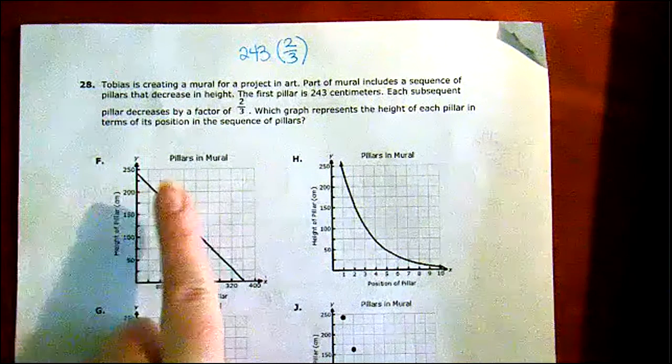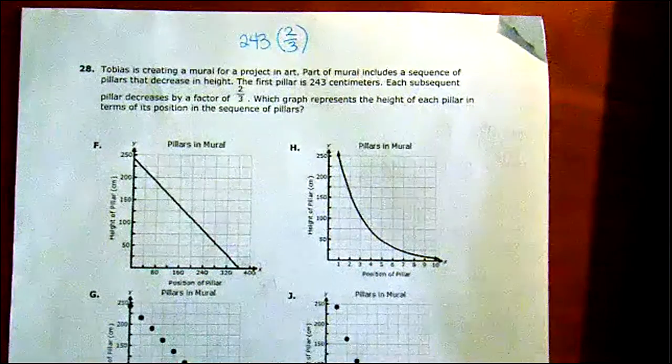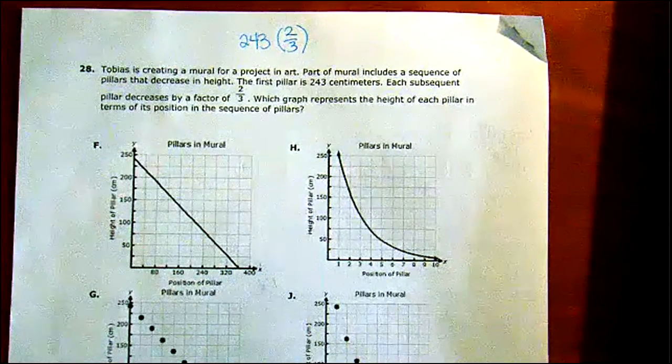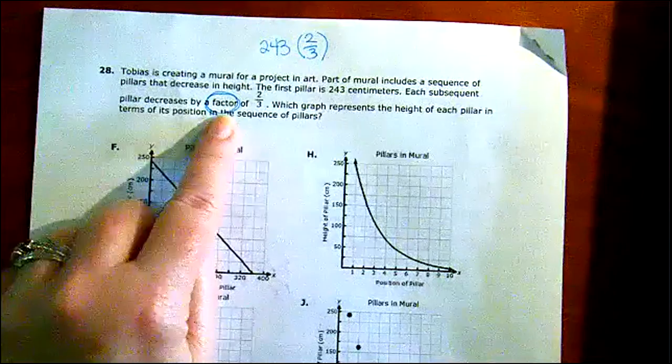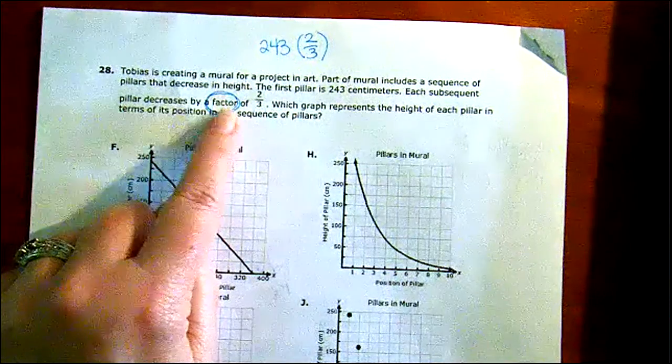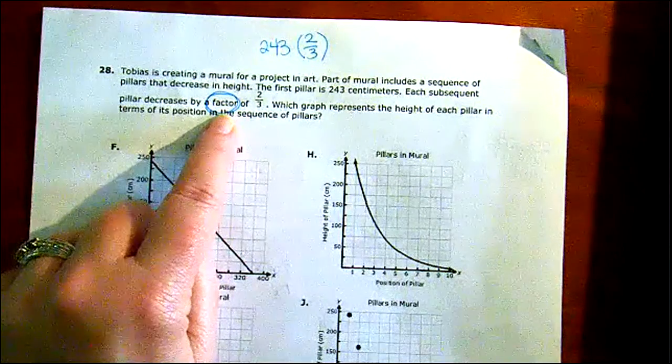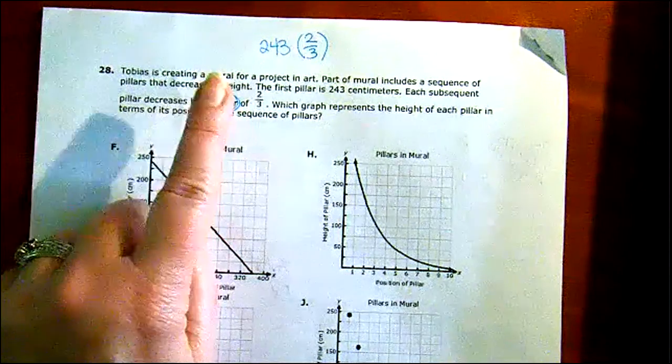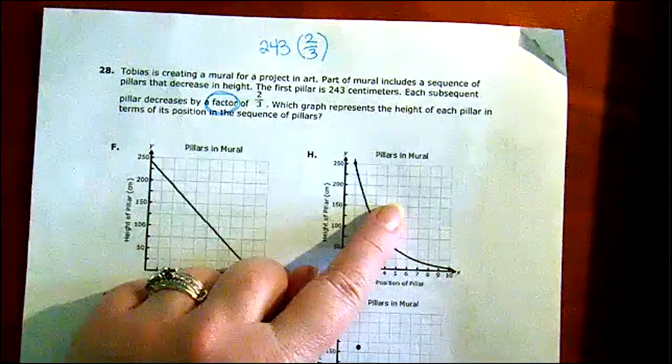So the first question, is it linear or is it exponential? I think it's linear. Well, this word right here gives us the answer, really. Factors are numbers that get multiplied.